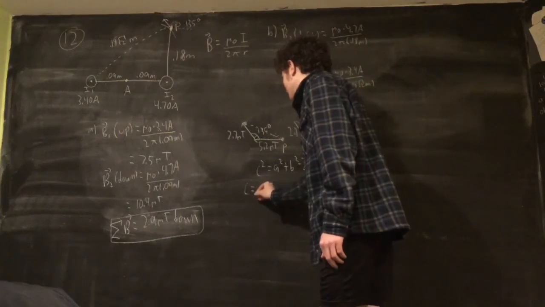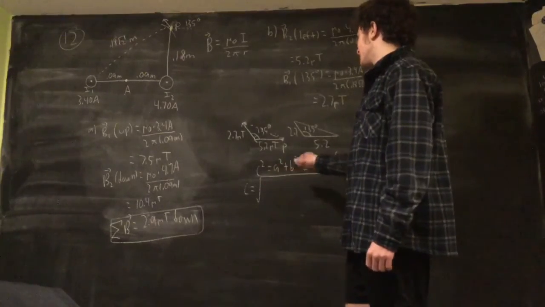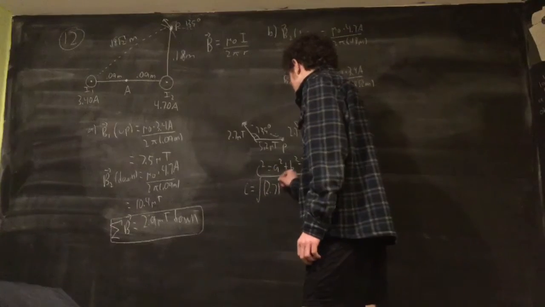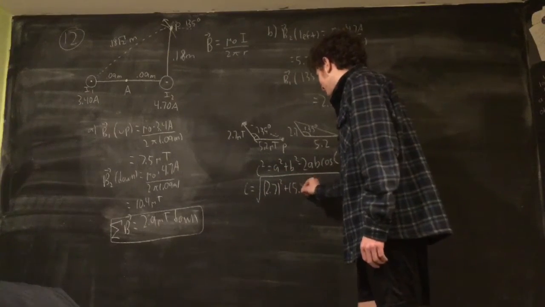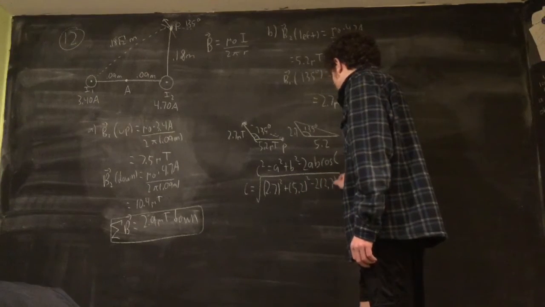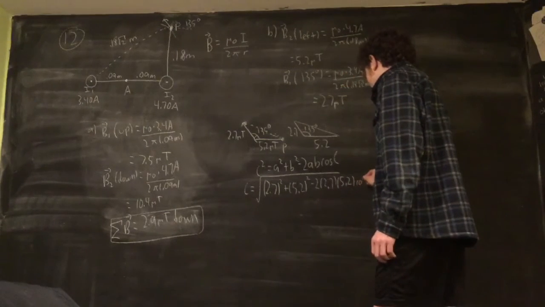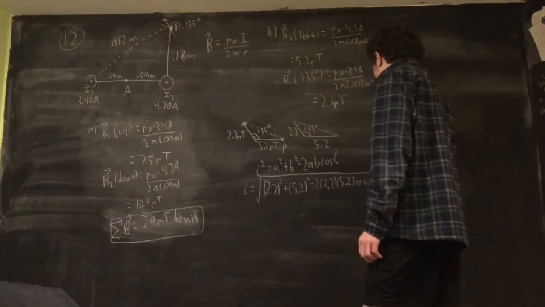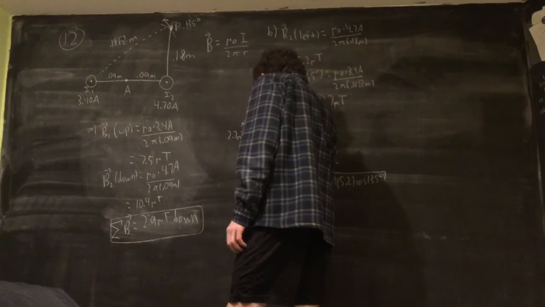So c is equal to the square root of a squared, 2.7 squared, plus b squared, 5.2 squared, minus 2 times 2.7 times 5.2 times the cosine of 135 degrees. This results in a C value of 7.35 microteslas.